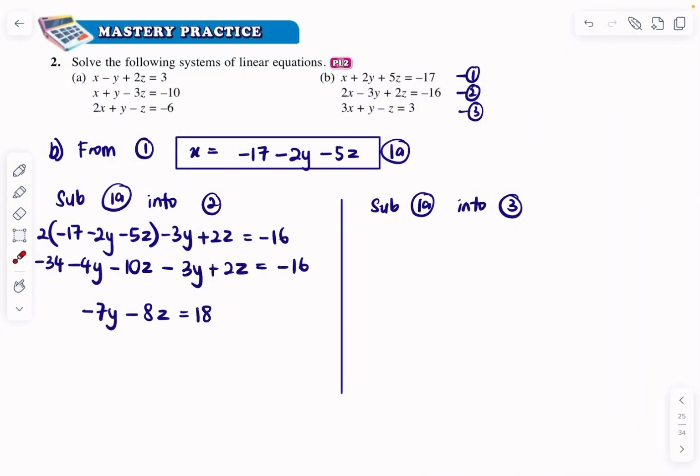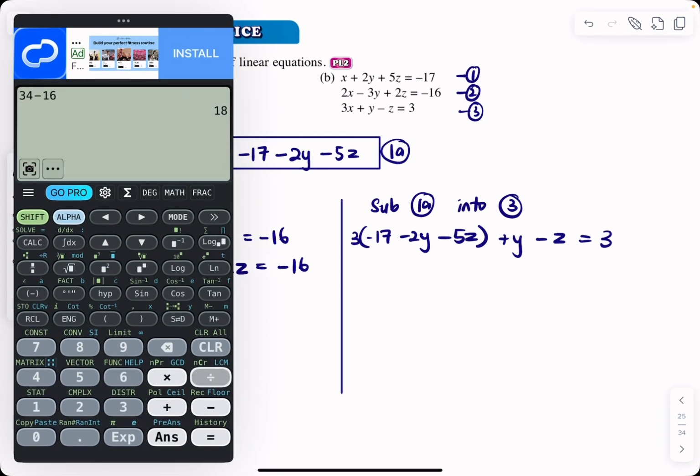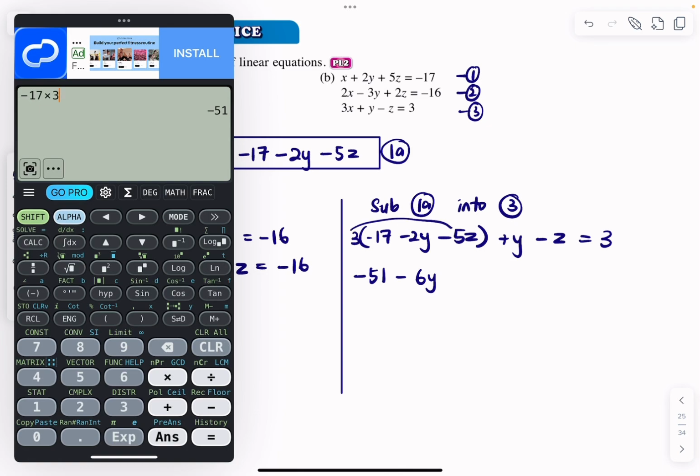Okay, now over this side, we sub this into this x. So we get 3 times negative 17 minus 2y minus 5z plus y minus z equals to 3. We expand this. Negative 17 times 3 is negative 51 minus 6y, and this times this is minus 15z equals 3.